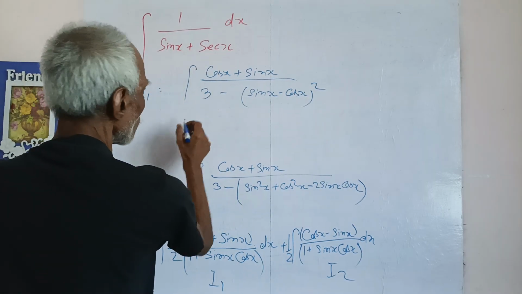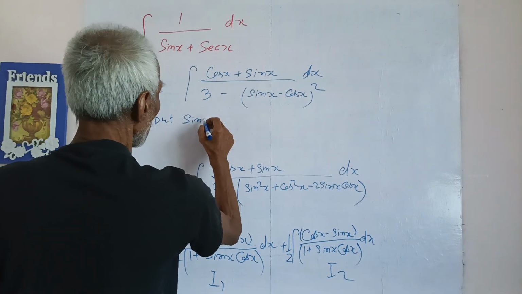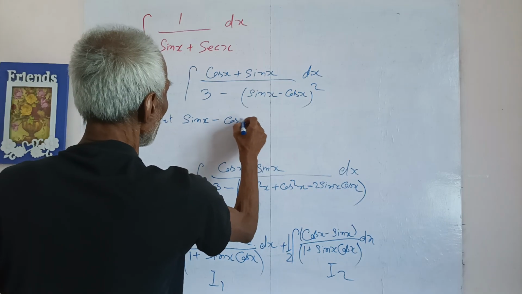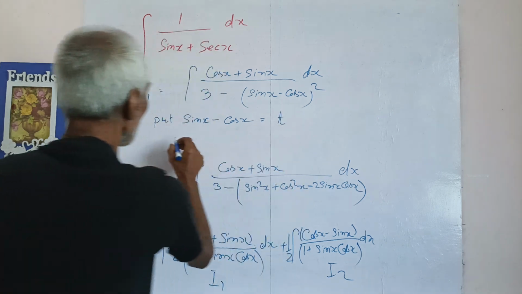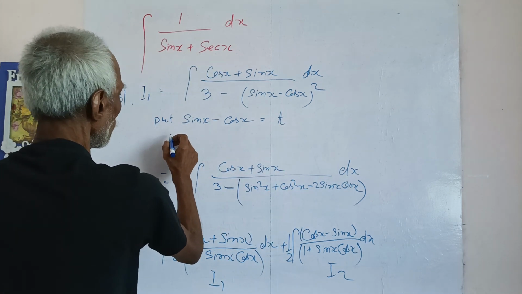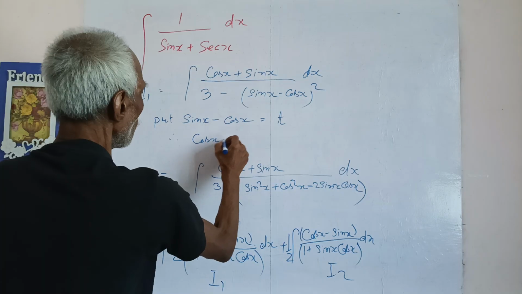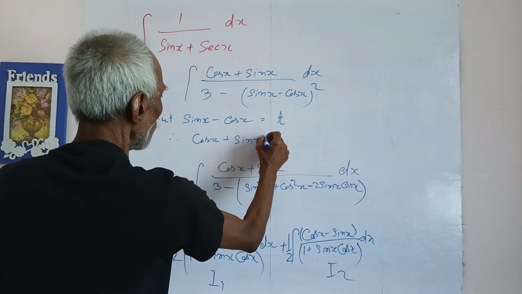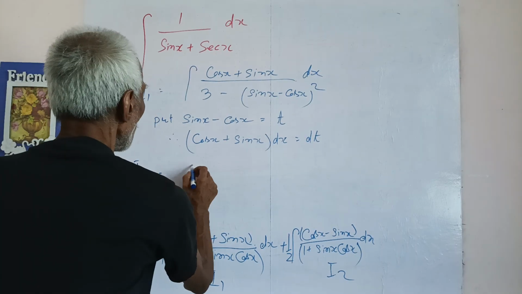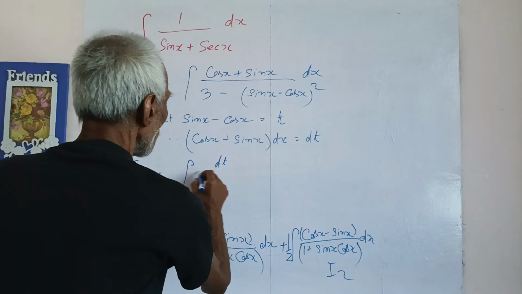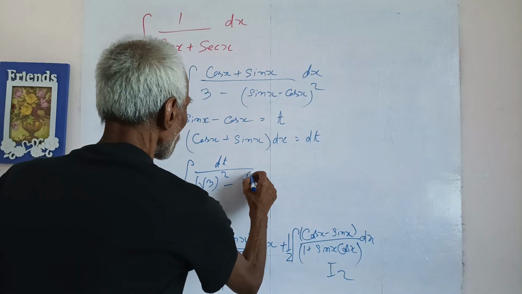Now put t equal to sin x minus cos x, therefore I1 is equal to the integral of dt by root of 3 square minus t square.